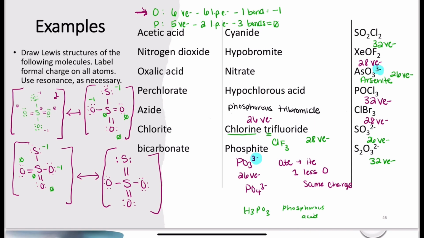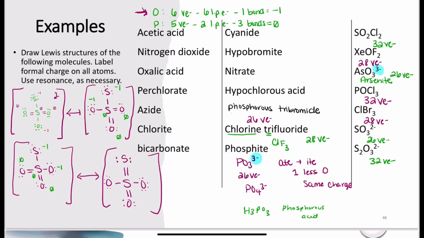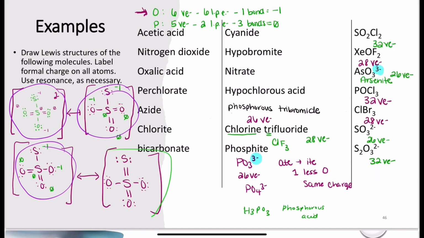Now, whereas these three are equivalent, this one is not equivalent to the other three. So if I compare these two, one will contribute more, one will contribute less.